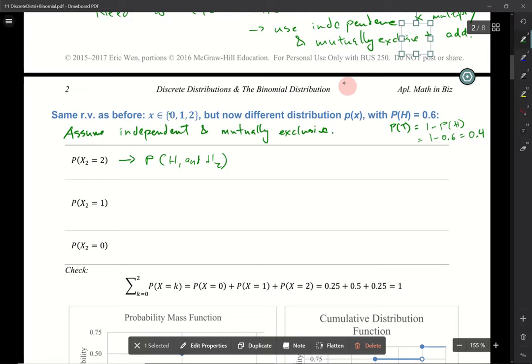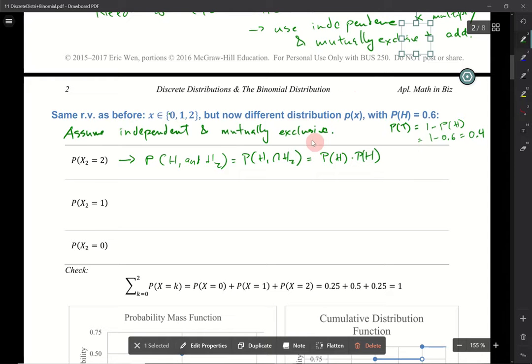And so that's actually equal to the probability of H1 intersect heads on the second one. Because they're independent, we can take the probability of heads times the probability of heads.